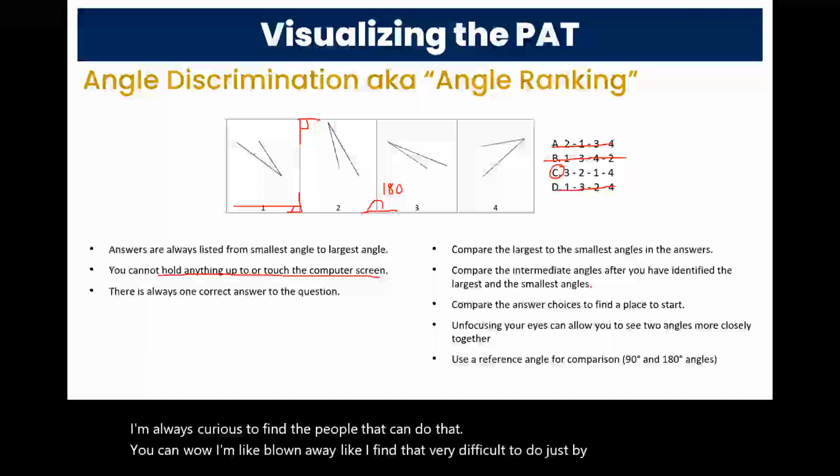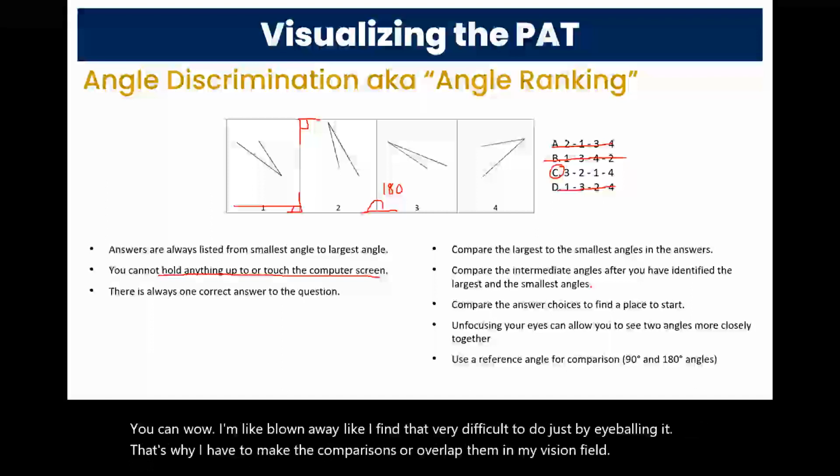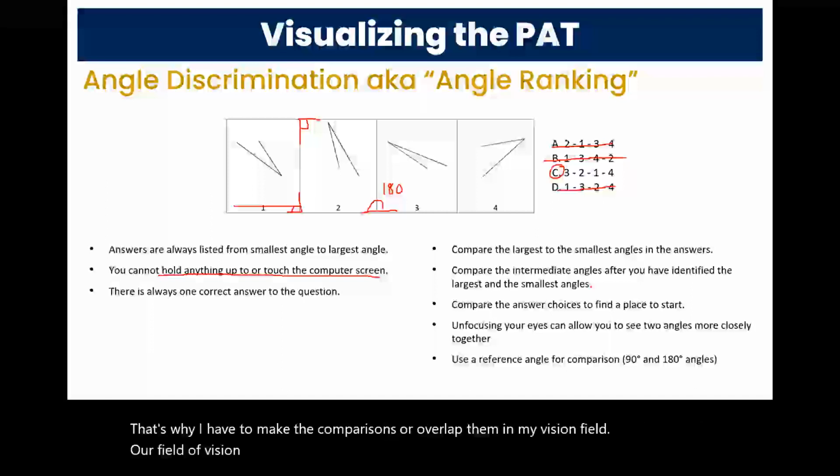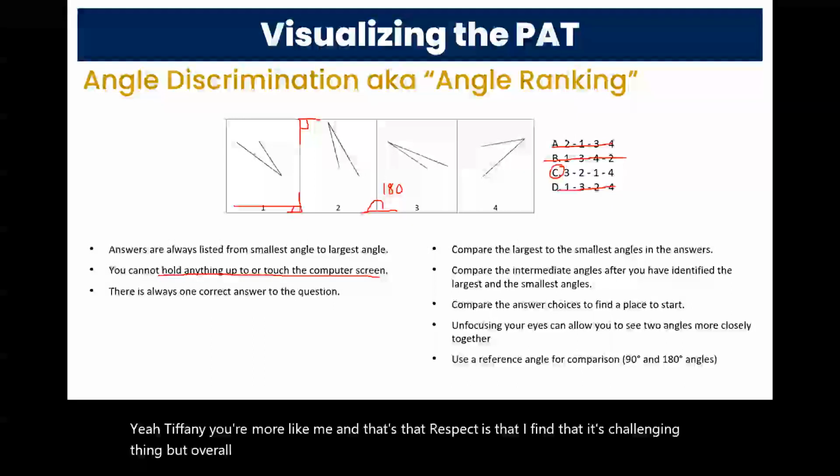That's why I have to make the comparisons or overlap them in my field of vision. So if you can do that, that's awesome. I'm impressed. Yeah, Tiffany, you're more like me in that respect, because I find that a challenging thing. But overall, these questions are much more clear in what you need to do, and a lot more straightforward.